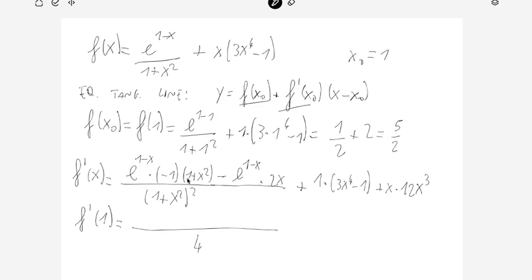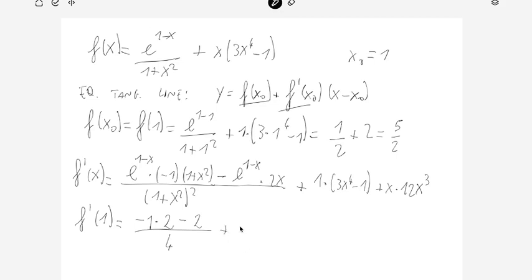So minus 1 times 1 plus 1, it is 2, minus e to 1 minus x, it is 1, times 2 times 1, it is 2. Okay, and that's all for the denominator. So it is better to write here over 4.